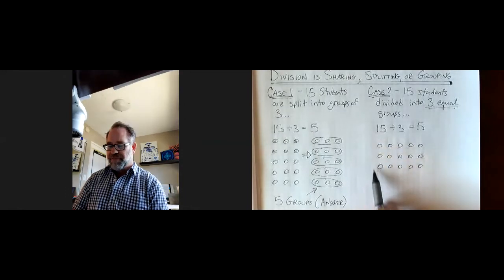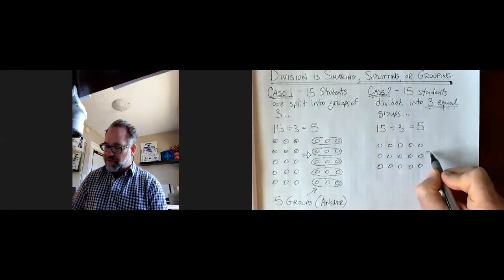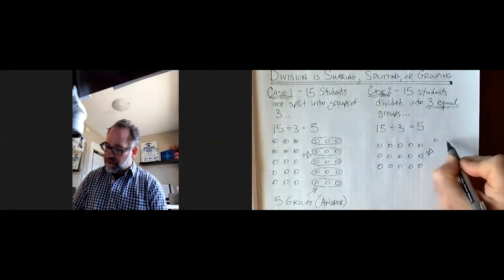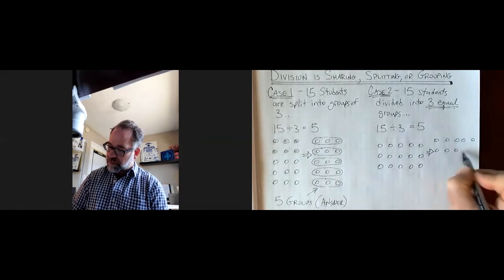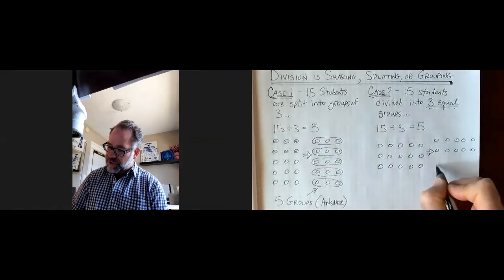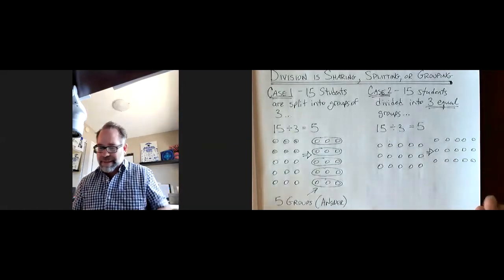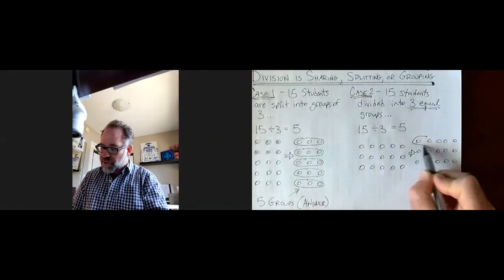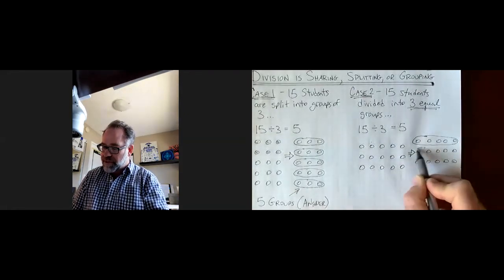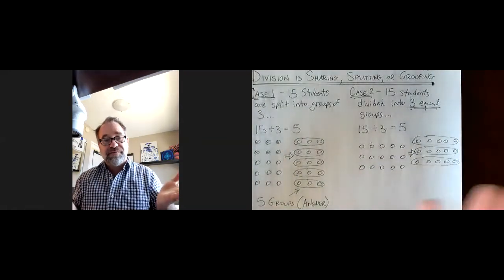Here we have 3 groups, and to show that division statement correctly, I have to squish it together a little bit more than I want. Running out of paper. To show that division statement, we would have to show 1, 2, 3 equal groups. And where's the 5?